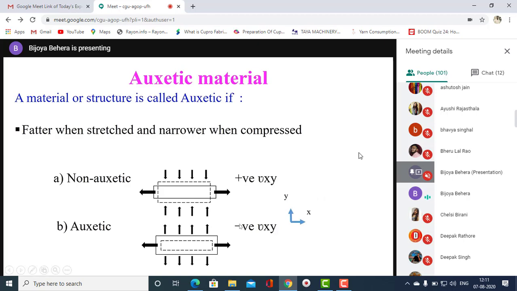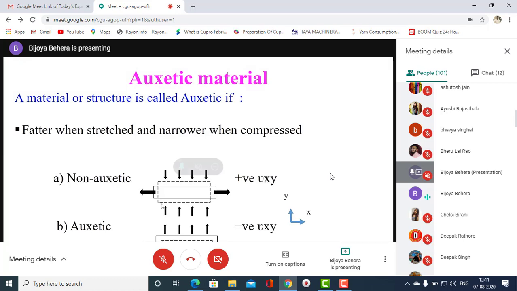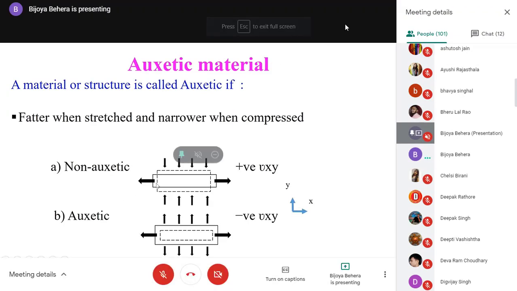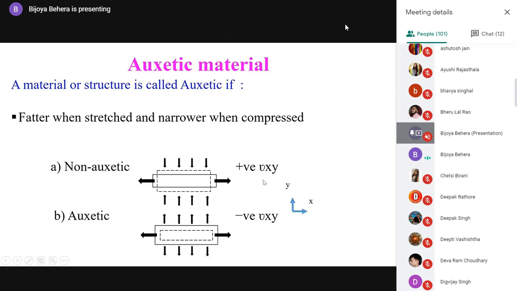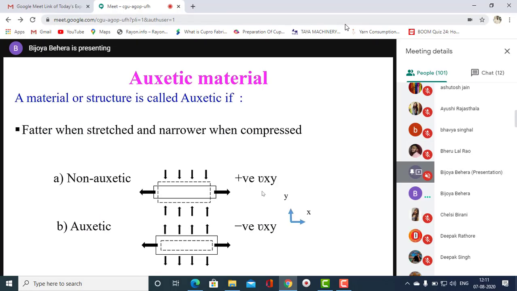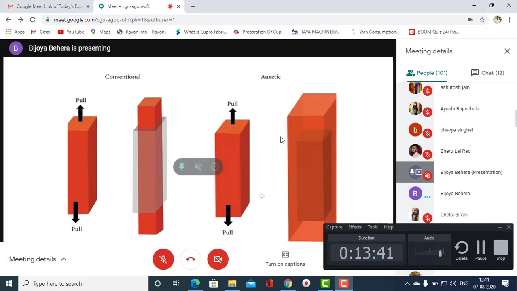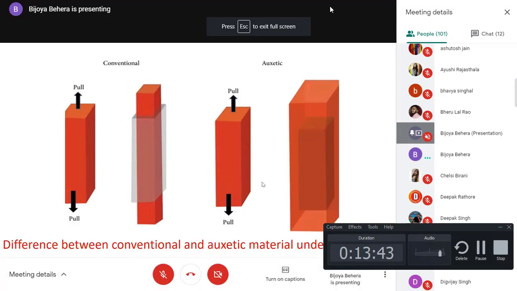So you can see how an objective material is different from non-objective. That means when an objective material is stressed, it becomes narrower. When compressed, it is like this. This is the difference between conventional material and objective material.